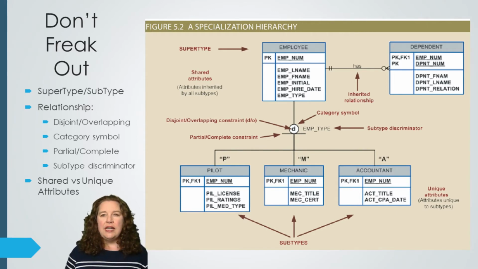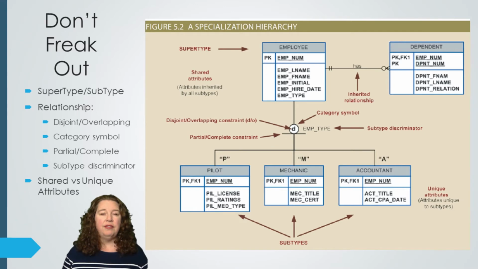So you can see how if I was going to create an employee table without subtyping this, I'd have a lot of fields in there that are null for everything except one type. My mechanic has his title and his certification, and my accountant has his title and his CPA date, which is obviously different than the mechanic's certification.